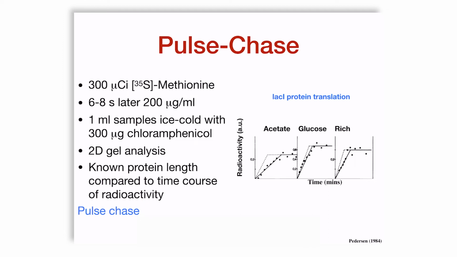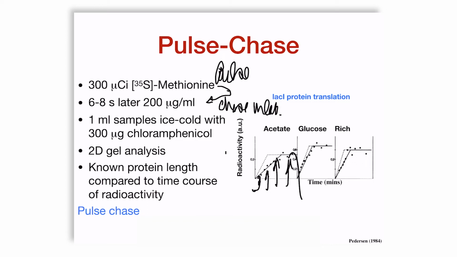So this part, labeled methionine, is followed by a chase of unlabeled methionine. This pulse and chase means that this methionine goes into the amino acids, increasing, and because it is chased, it will reduce.